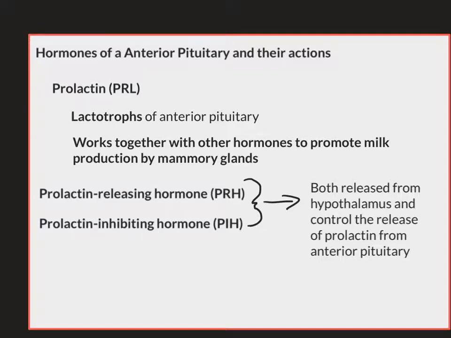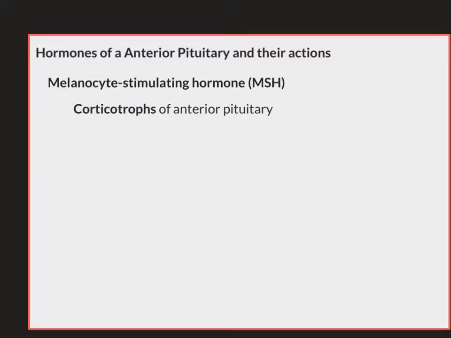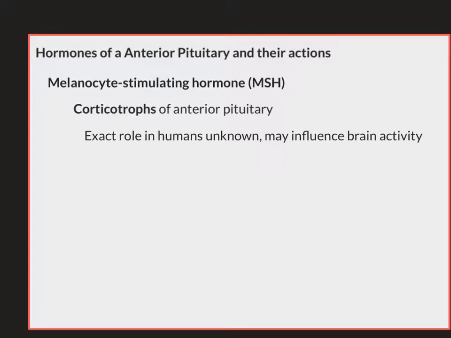And finally, we have melanocyte-stimulating hormone, which is released by the corticotrophs of the anterior pituitary. We don't know the exact role of this hormone in humans, but there are receptors for this hormone in the brain, which suggests that it may influence brain activity. We do also know that when this hormone is present in excess, it can cause darkening of the skin.